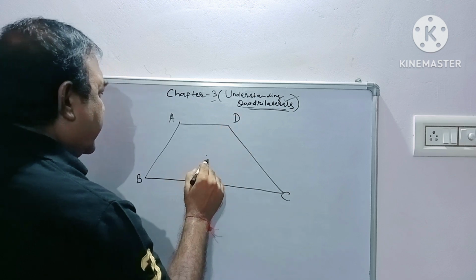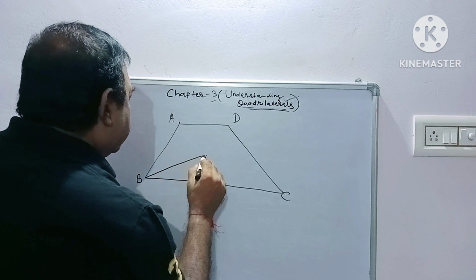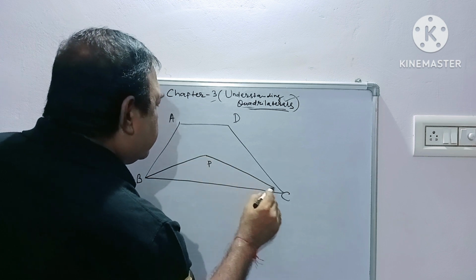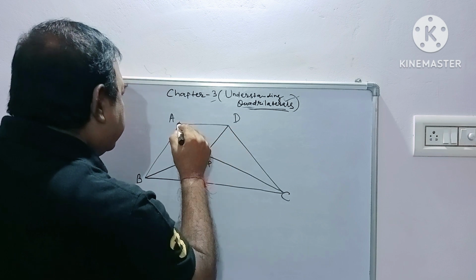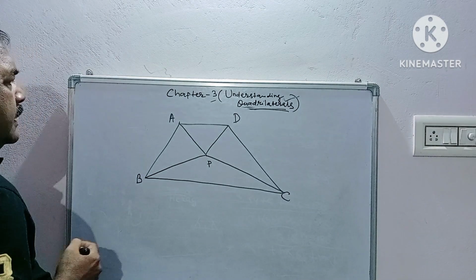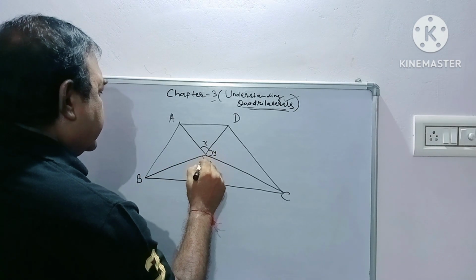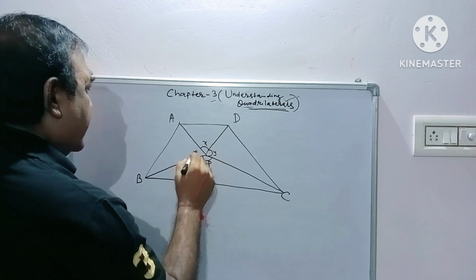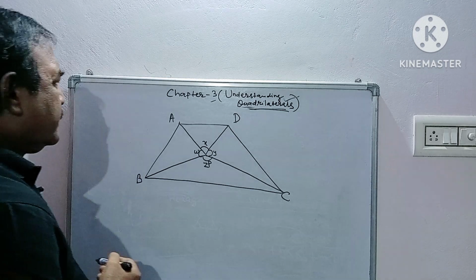Take any point, let it be P, and connect with the help of the ruler to draw the line segments. Let it be angle X, this is Y, this is Z, and this is W. Okay?